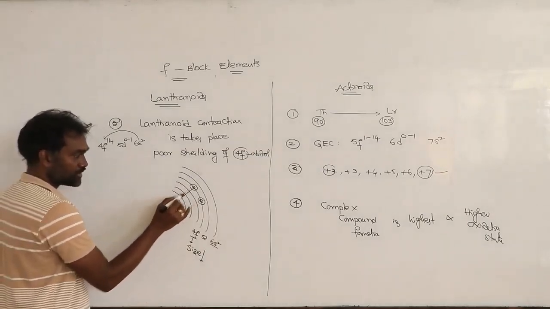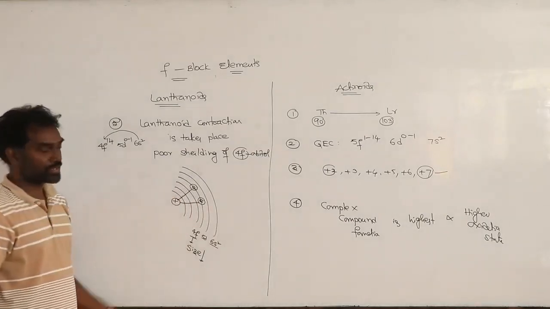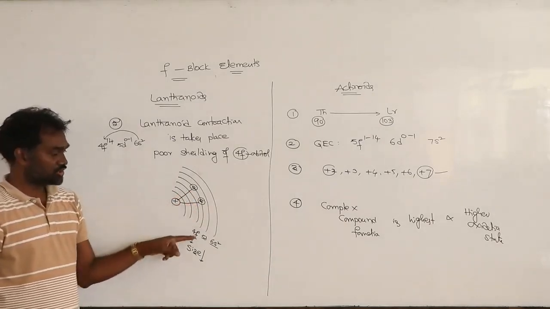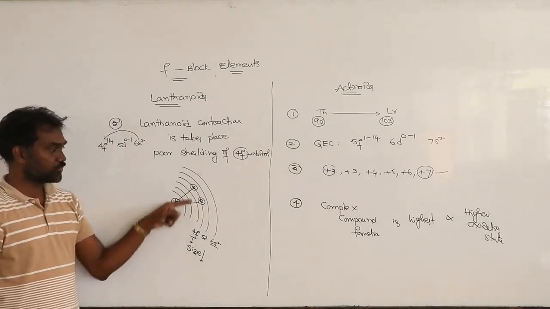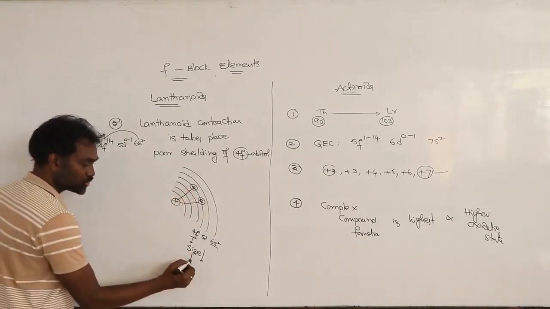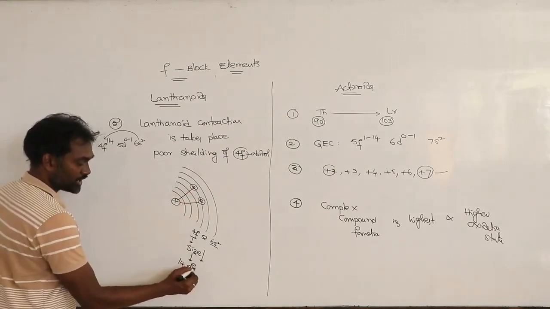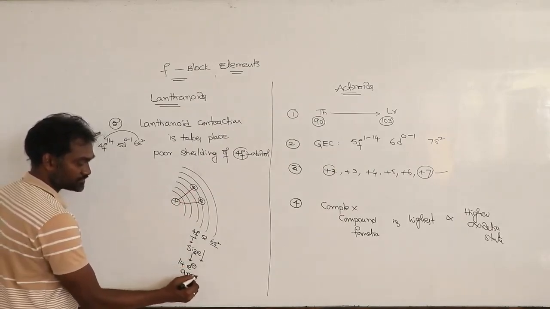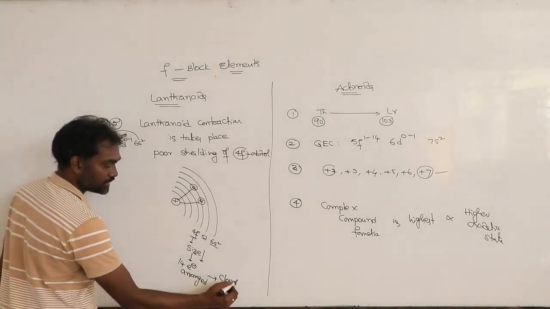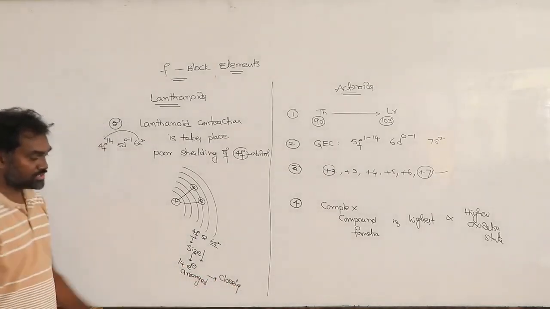Inside, the same number of protons are there. This attraction is what we call shielding. Within the smallest size, 14 electrons are arranged very closely.